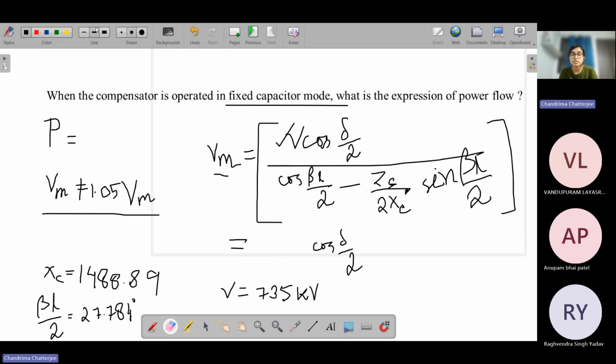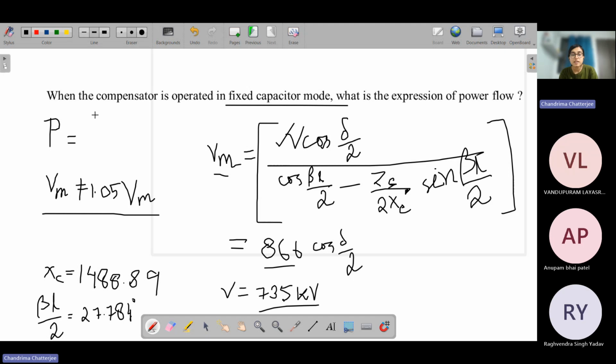Did you understand? It would be 866 cos delta by 2 because 735 is already in kilovolt and this value will be slightly higher than 735. So it will be 866.